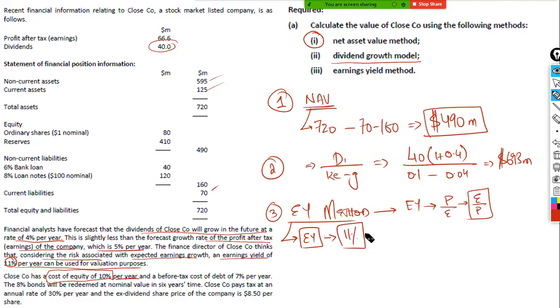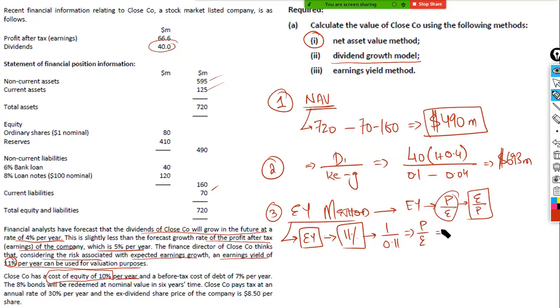Now, one way is simply to convert it into price to earning ratio. How do I do that? Just the reciprocal. 1 upon 0.11 will be equal to the price to earning ratio. So when I do that, 1 upon 0.11, I'll get 9.091.